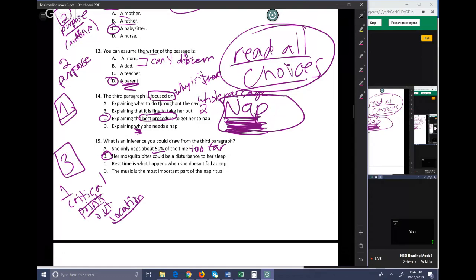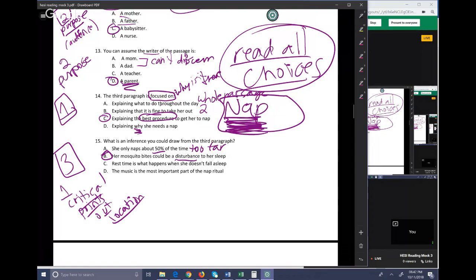If you take that and the very general common knowledge that you have about mosquito bites, but even if you didn't have general knowledge about them, they could create a disturbance to her sleep because we're saying, oh, put this cream on before she goes to sleep. And that allows us to infer that if you don't put that cream on, she might have less of a chance to sleep. That's why it's in that paragraph and in the procedure. So that allows us to assume that they may create disturbance. Obviously, most of us know mosquito bites itch, so that would also help.